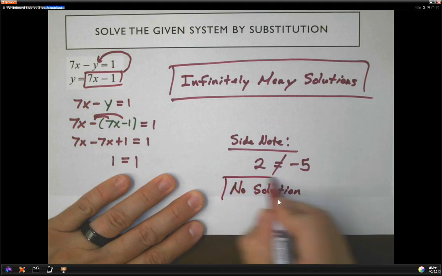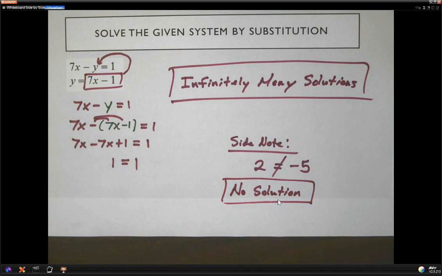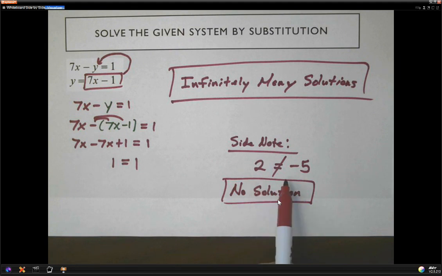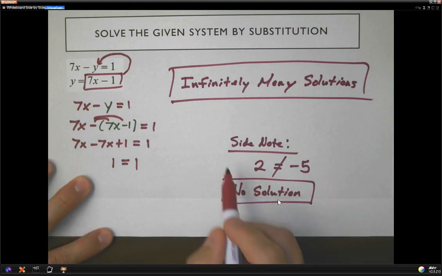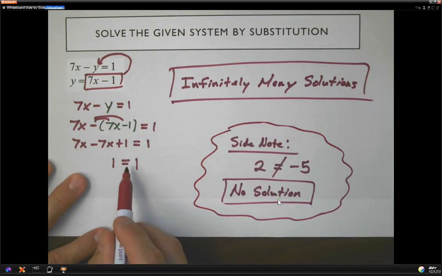This is that idea of parallel lines: the two equations are parallel, they'll never cross. So algebraically, the variables will disappear, but in the end, it won't be true, and if it's not true at the end, then it's no solution.